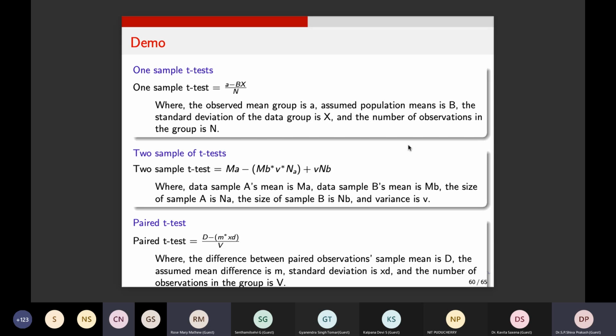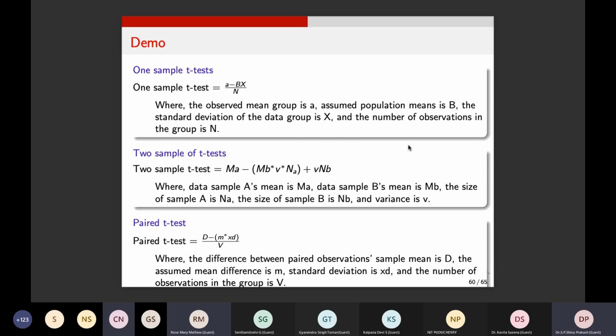And to calculate the two sample t-test, it is MA minus MB, divided by a term involving NA plus NB, where data sample A has mean MA, data sample B has mean MB, the size of sample A is NA, the size of sample B is NB, and the variable is V, right?